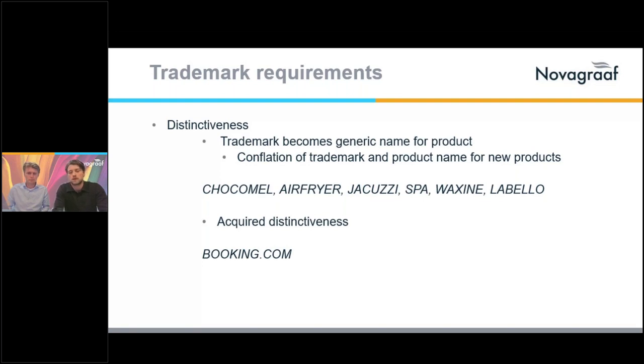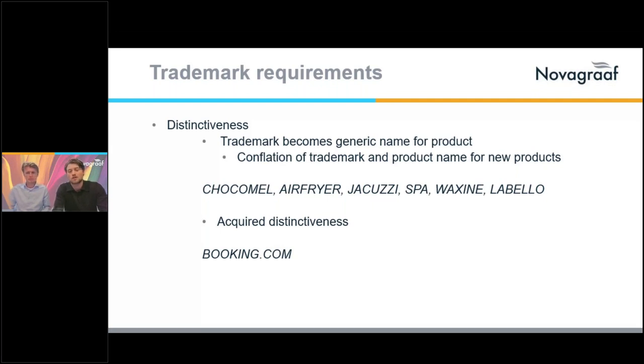On the other hand, you can also acquire distinctiveness for non-distinctive signs and still have it registered in the registry and also obtain trademark rights from it. Think of booking.com for booking accommodations on holidays.